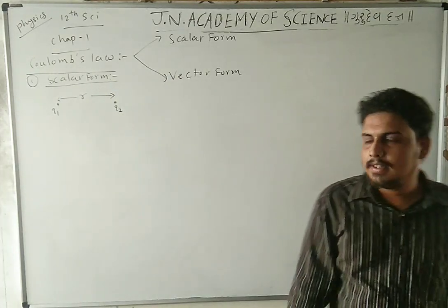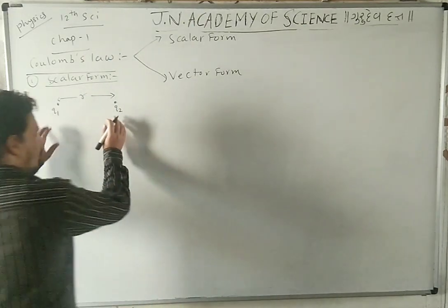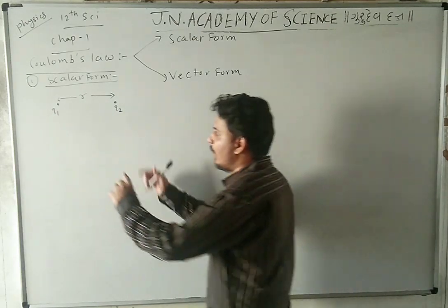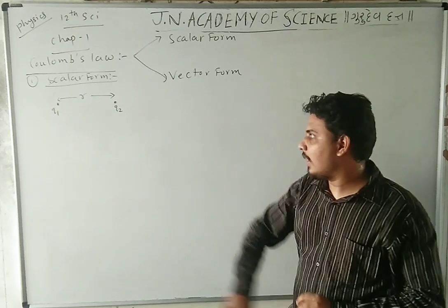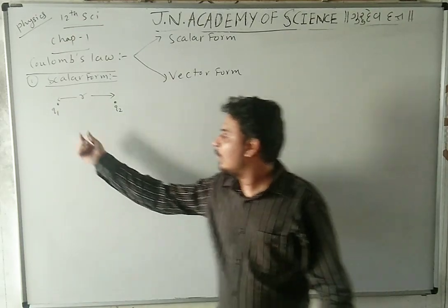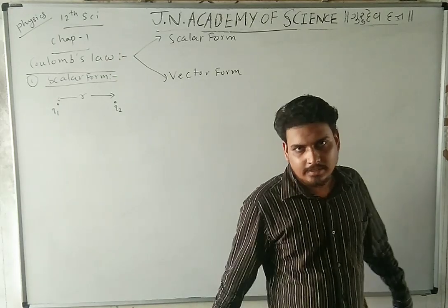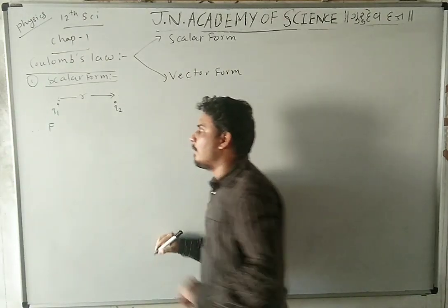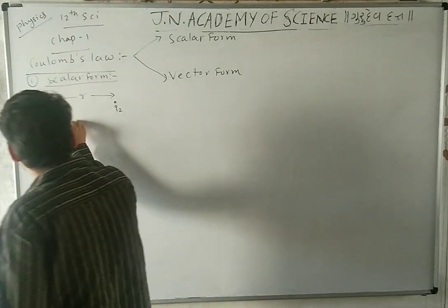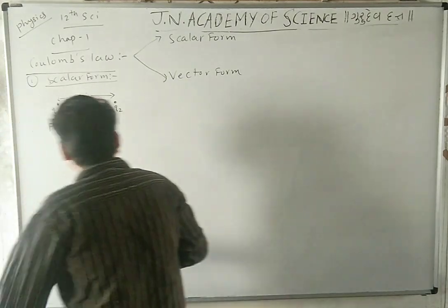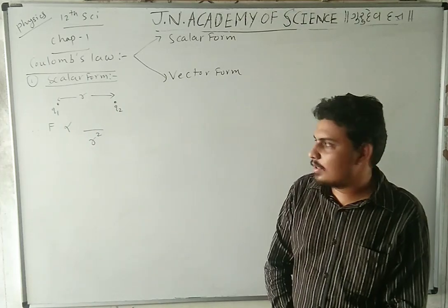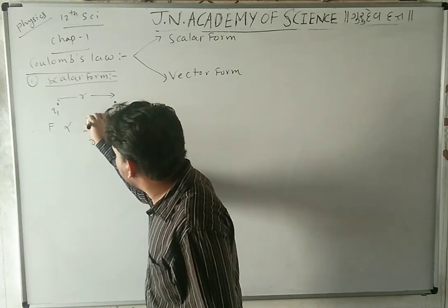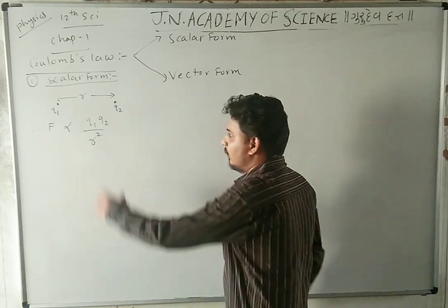So Coulomb's law says that if point charges are separated by distance r, where r is very large as compared to the size of the point charges, the force acting between them is inversely proportional to the square of the distance between the two point charges, and directly proportional to the product of the two charges.